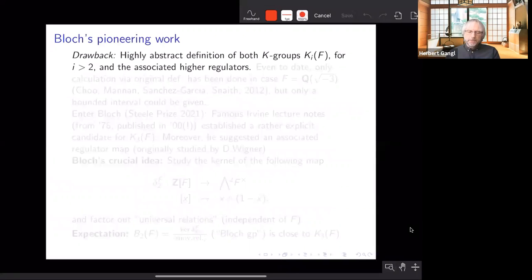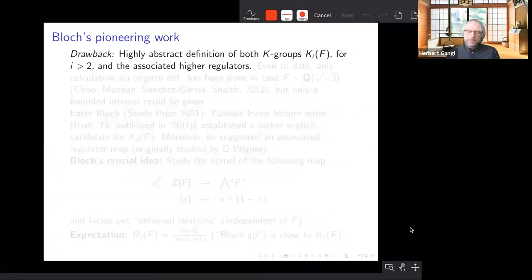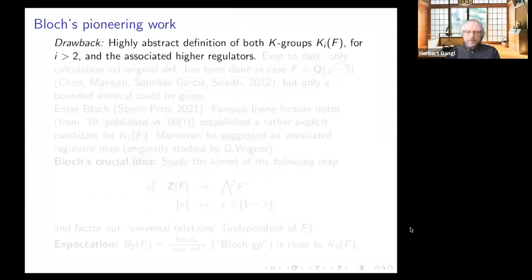So Bloch's work amounted to getting rid of the abstractness, in a sense. So those K groups, you may have seen that the typical definition of a K group is in terms of taking the limit of GLN into GLN plus 1, stabilizing.